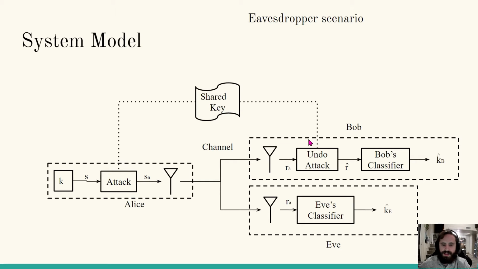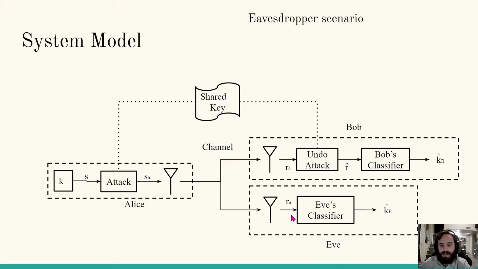Bob knows that Alice performed some kind of attack, and they have some form of shared key, so Bob can attempt to undo this adversarial attack to get back the original signal as best he can, R hat, and Bob will take this received guessed signal and pass it into his classifier to produce his guess as to what K actually is, K hat sub B. Eve has no idea that there is an adversarial attack going on.